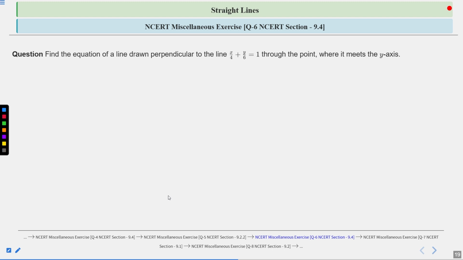So in this question, what we have to do? We have to find the equation of a line drawn perpendicular to the line x over 4 plus y over 6 equal to 1 through the point where it meets the y-axis. Okay. So students, first of all, try it yourself.